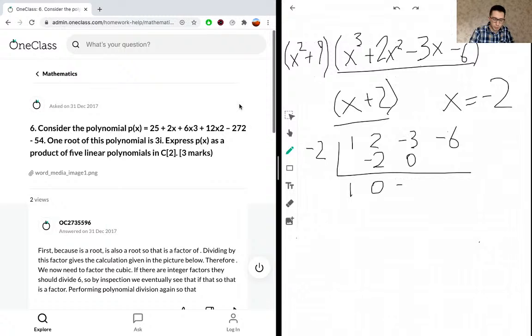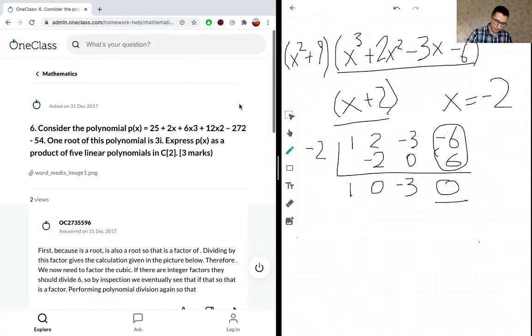Finally, we do negative 2 again, times negative 3, which gives us positive 6. Then we add negative 6 plus positive 6, which gives us 0. This last value represents the remainder, so the remainder is 0.